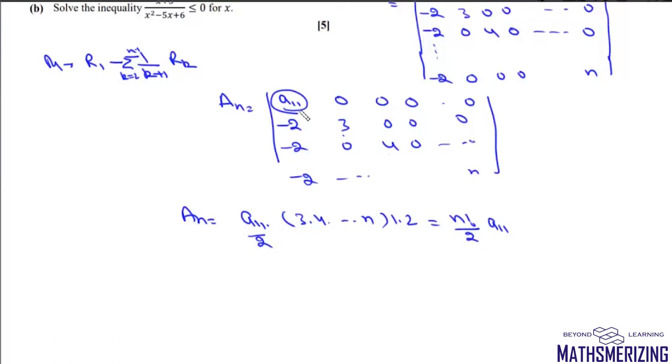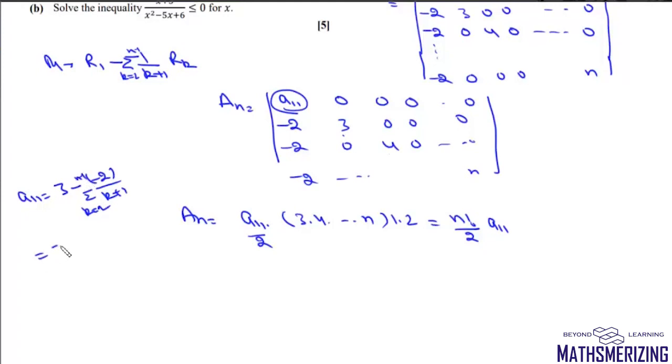Now what's a11? a11 is 3 minus the sum of 1 upon k plus 1 times rk. So we know that rk in each case is minus 2, and then it will be simply 1 upon k plus 1 for all k starting from 2 to n minus 1.